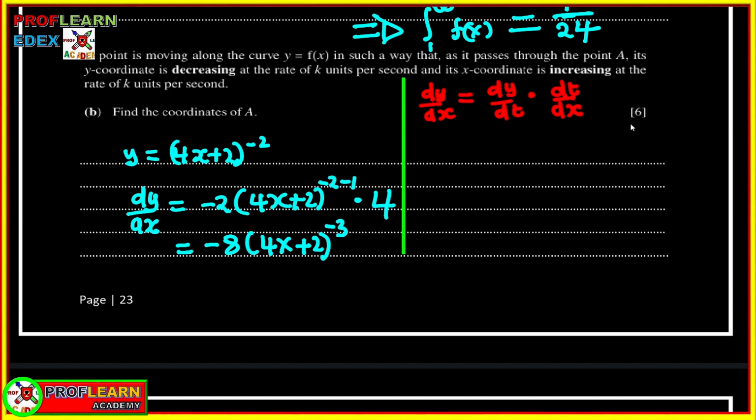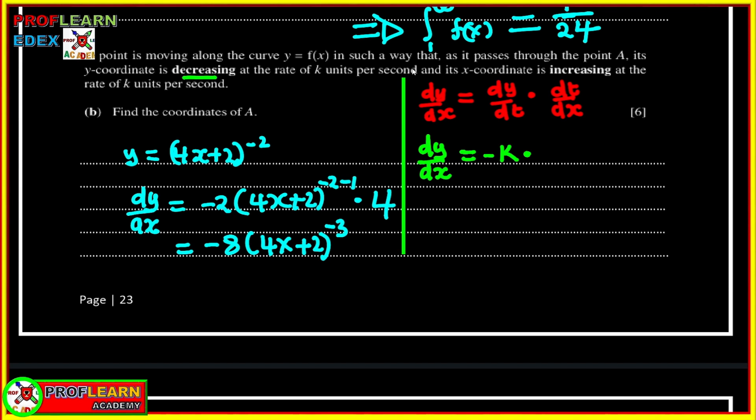Let's go ahead. dy/dt we already know is negative k, because we were told that the y coordinates are decreasing at the rate of k units. So dy/dt is negative k, and the x coordinates are increasing at k units per second.